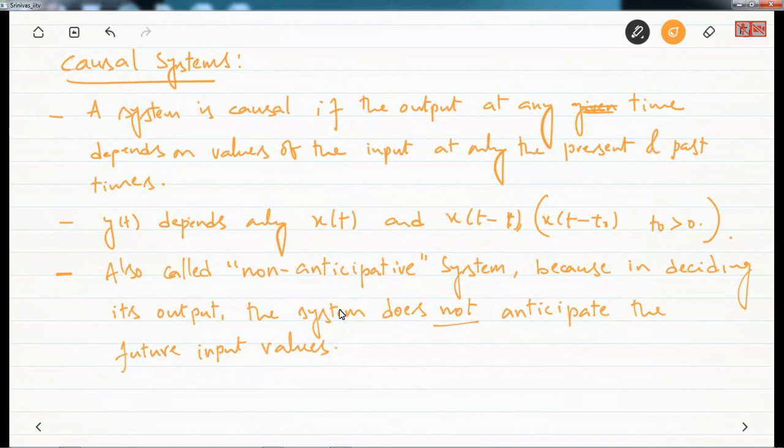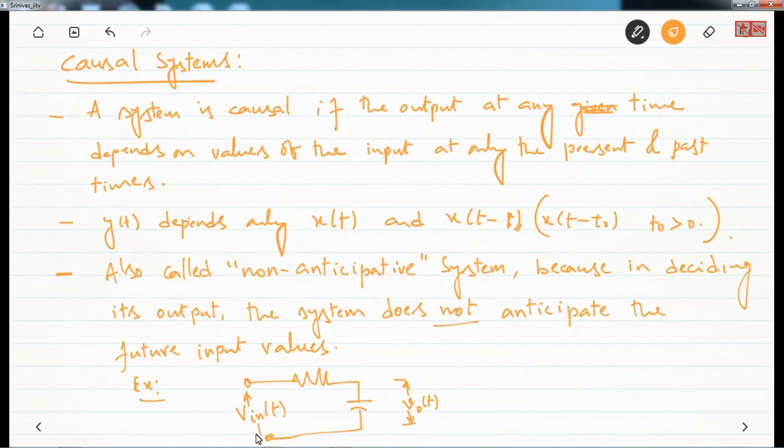Another example is your RC circuit. Say there is a resistor and capacitor. V in of t is the input, and this is V out, the output.